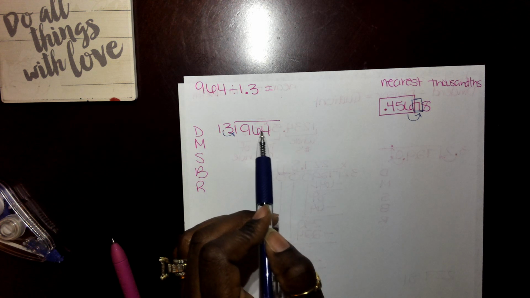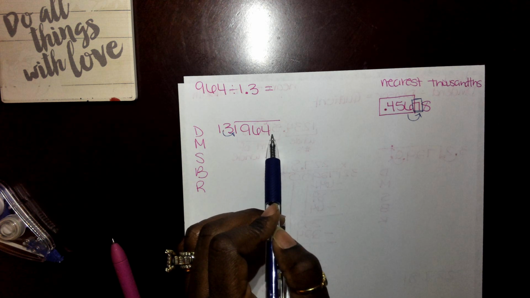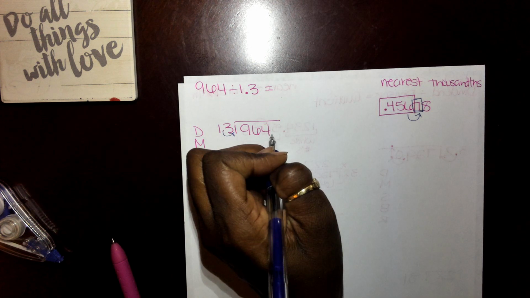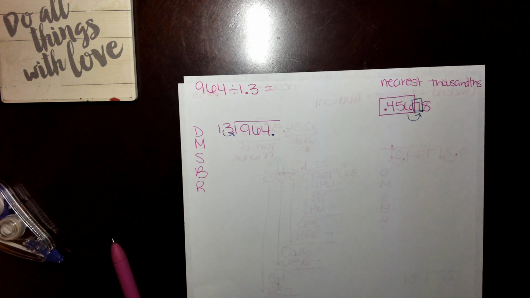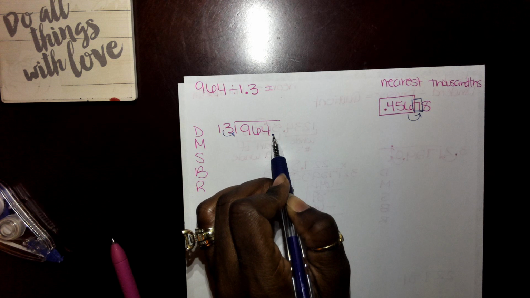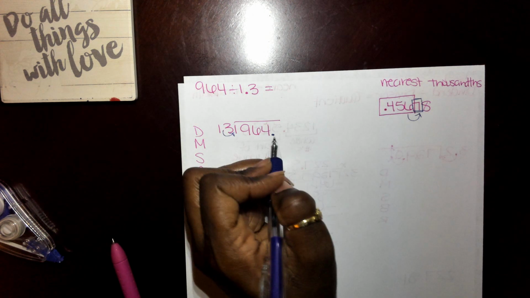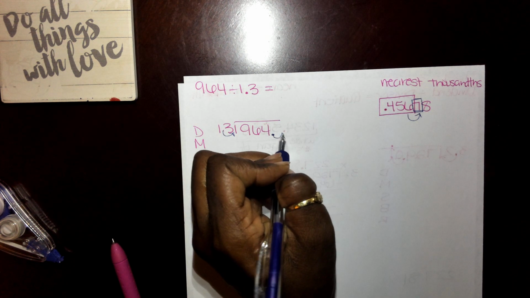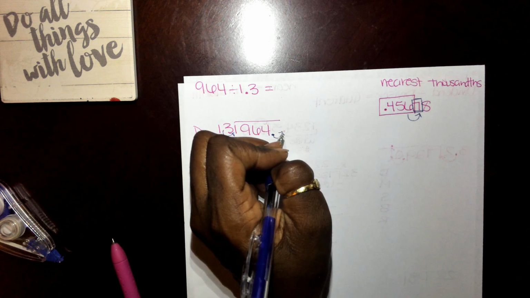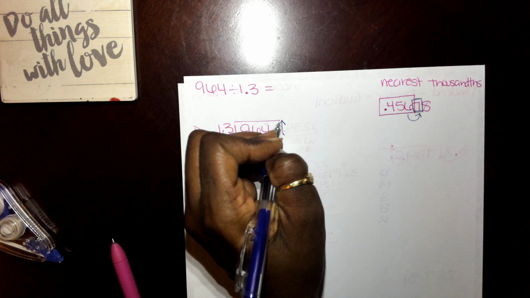And we know that if we don't see a decimal, that means it's a whole number and the decimal is always behind the ones place. So that is where we will start the decimal. And then we are going to move it one time to the right. And it will go up on top of the house.